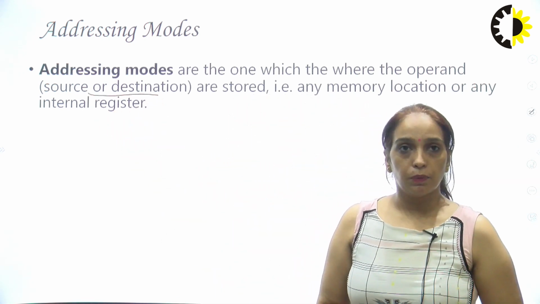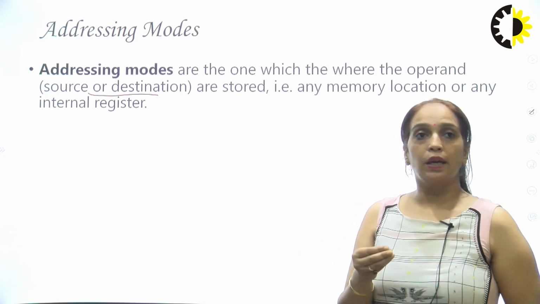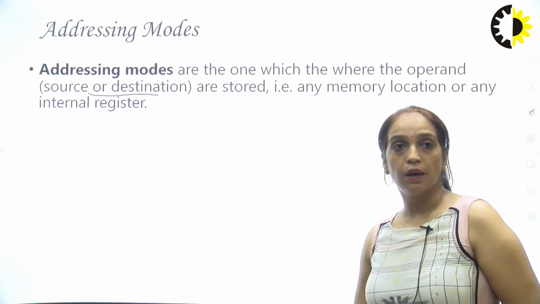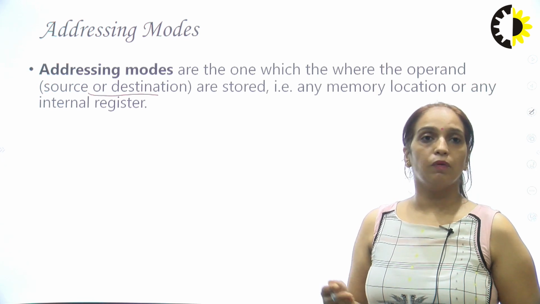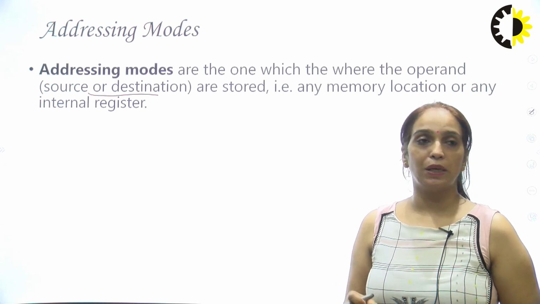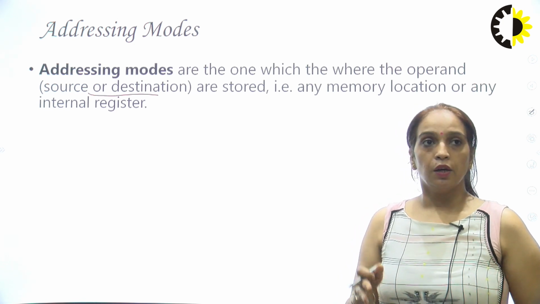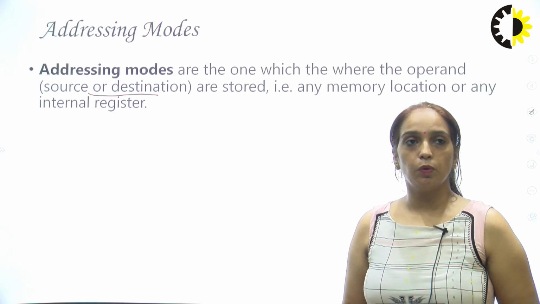how will this data be transferred? Whether we are moving immediate data to a register, or moving data stored in a register to another register, or moving data placed at some memory location to another destination. All these possible things will be covered in addressing modes.